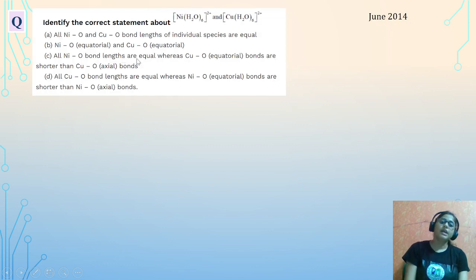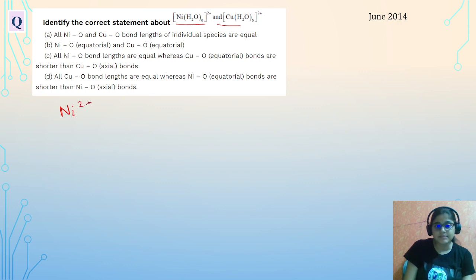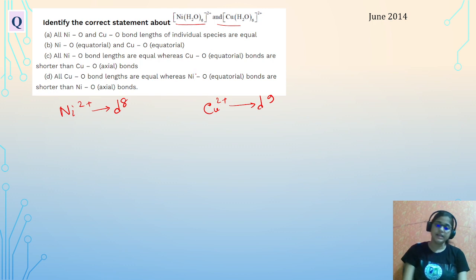Now identify the correct statement about these two complexes. Again, in the options the bond lengths are given, equatorial, axial, like this. First we have to have the idea that Ni2+ means it is d8 and copper 2+ means it is d9. Both have H2O, a weak field ligand. But for d8 and d9, weak field and strong field both have the same electronic configuration.